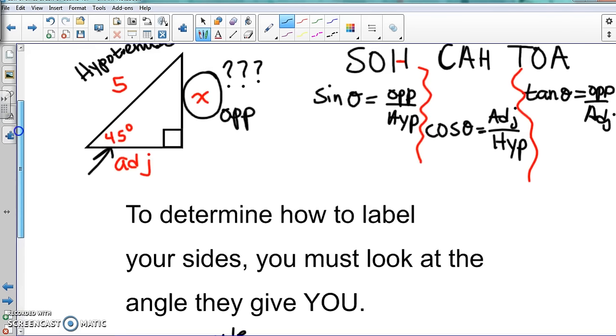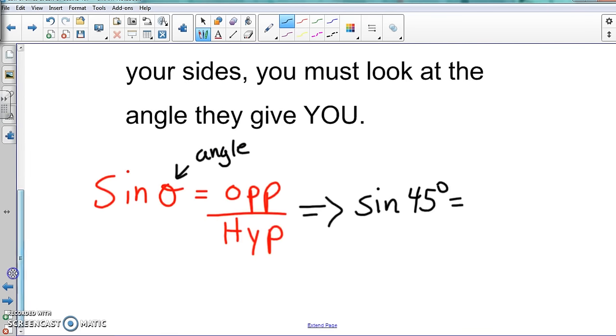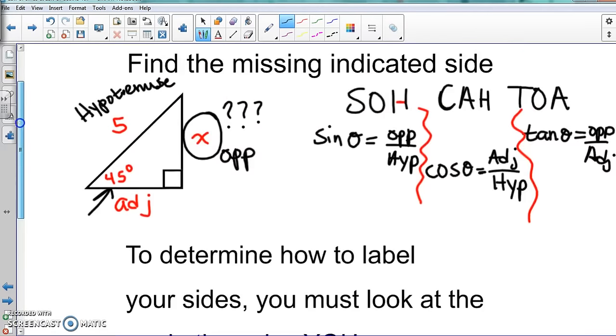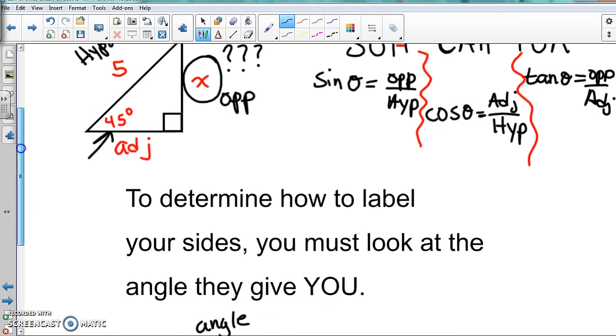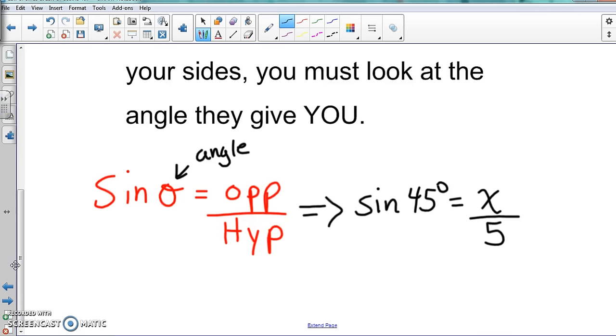We have opposite and hypotenuse. Our opposite side is x and our hypotenuse is 5. All we need to do is solve for x and put it in the calculator. This should be a simple one.